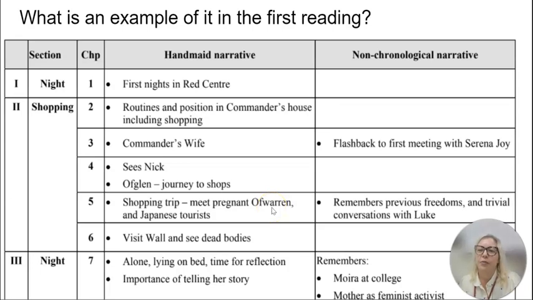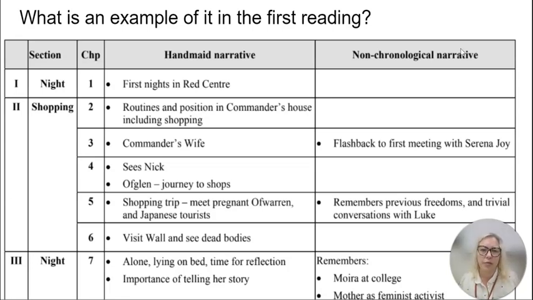In the first 7 chapters, we have these sections. There's a Roman numeral for each, and a name for each, and then chapters for each. And then there's really 2 different narratives. One is what's happening to Offred right now as a handmaid, and then what do we hear about from the time before, either before Gilead's creation or just before right now, right?